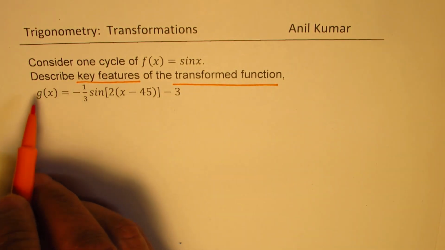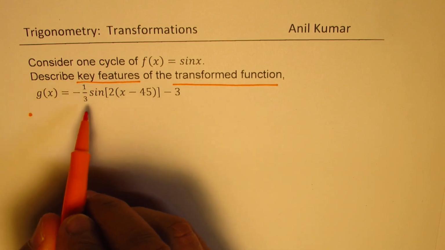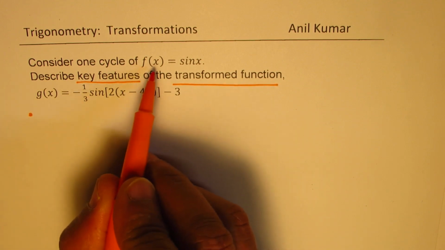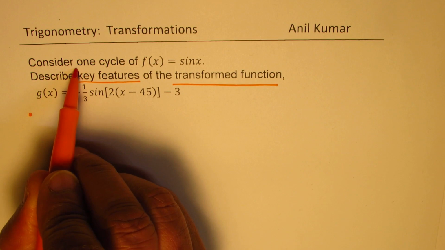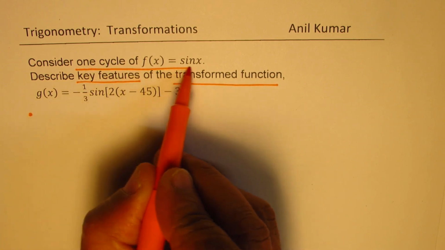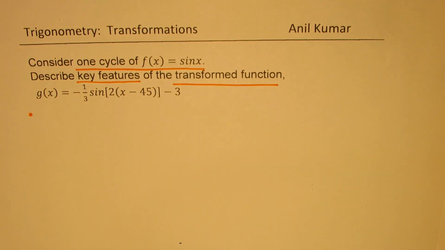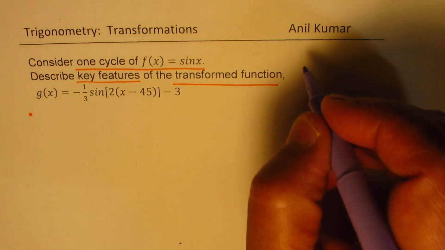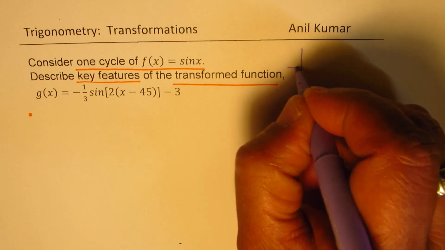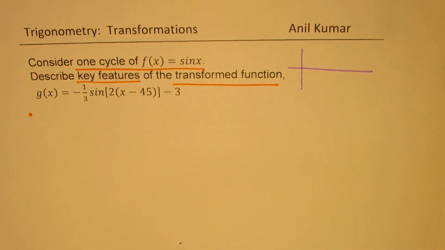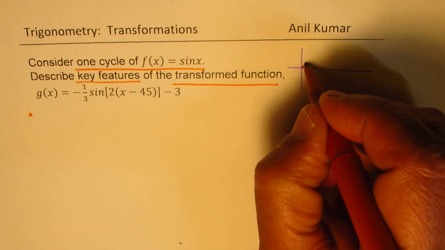So g(x), we'll assume, is transformed f(x), right? So we are only considering one cycle of f(x). Now, when I say one cycle, it basically means that we're talking about the graph of sine, which is kind of like this.